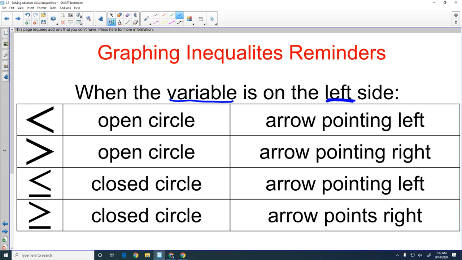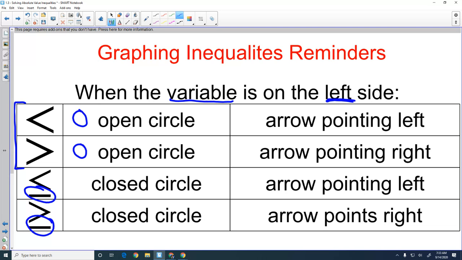Now the first two inequality symbols, the less than and the greater than symbol, they don't have the little equal sign underneath them. And so because of that, it's an open circle, meaning you just circle the number and you leave it open, you don't fill it in.